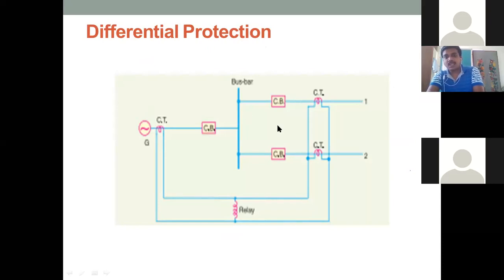Until 2 seconds, the backup circuit breaker will wait, and if the first does not clear the fault, this circuit breaker will operate. So the time duration must be less compared to that of the backup circuit breaker.